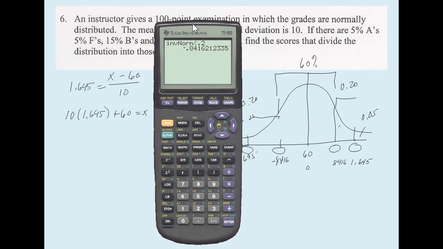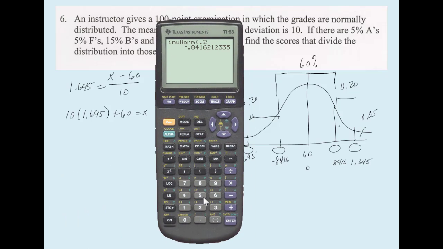So 10 times 1.645 plus 60. So that's 76.45. So A's are 76.45.